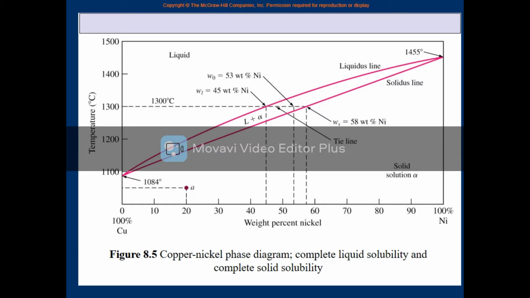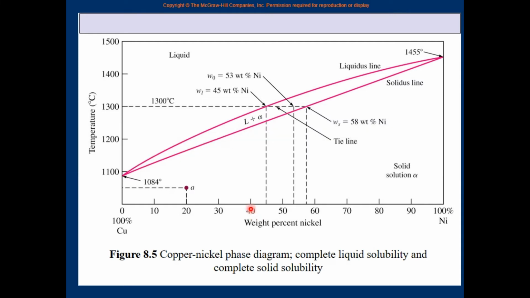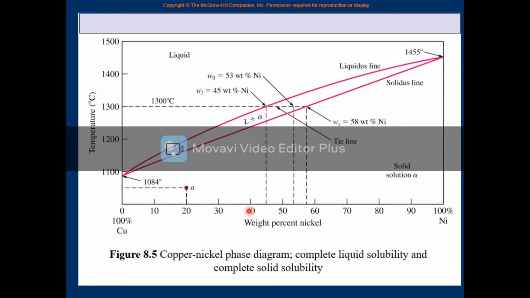Say we take 40 gram of nickel and 60 gram of copper. So we will have this material, right? 40% nickel, 60% copper.